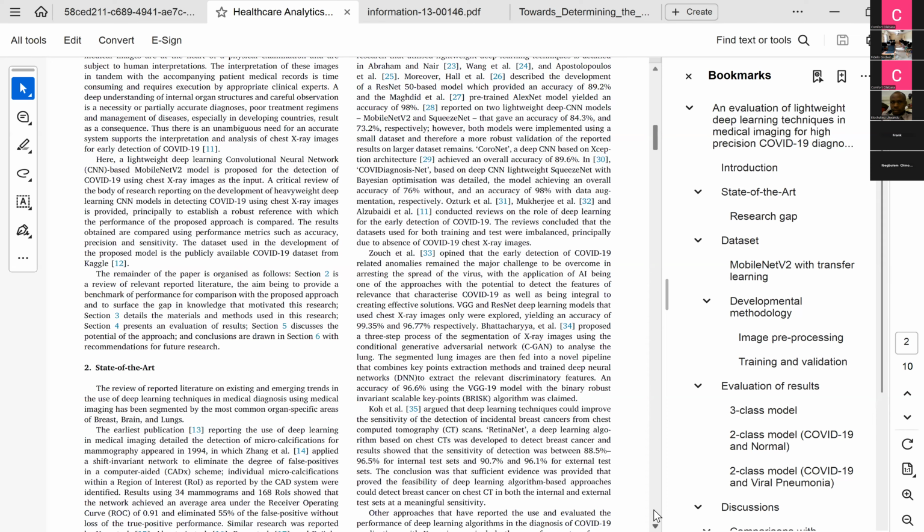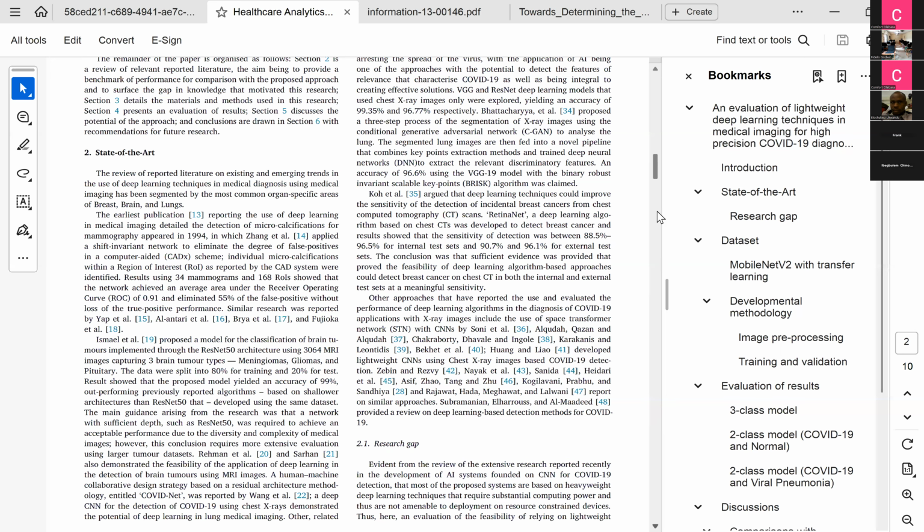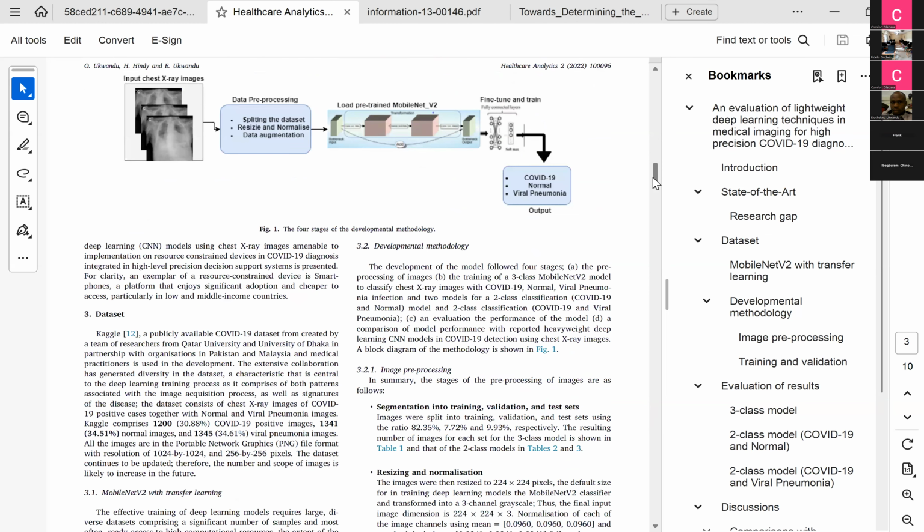So after the introduction, it brings to the fore the most recent methods that are used, especially in lightweight deep learning techniques. That's why we brought in the state of the art, because it's one of the research objectives. Okay. So this is what you have as state of the art.